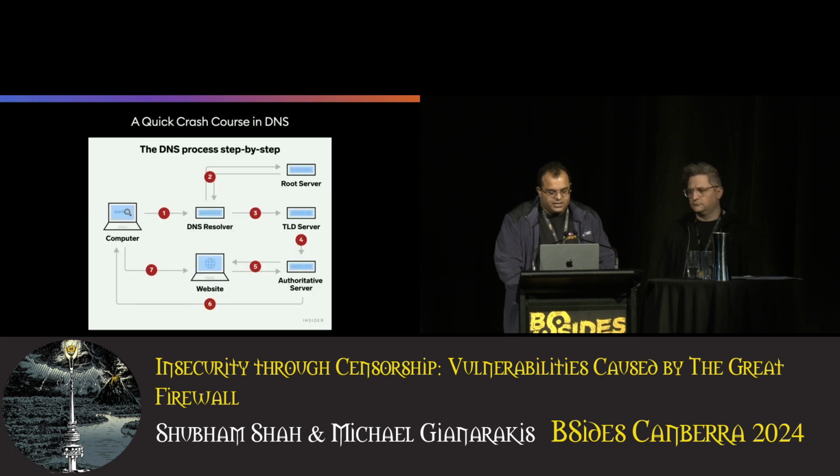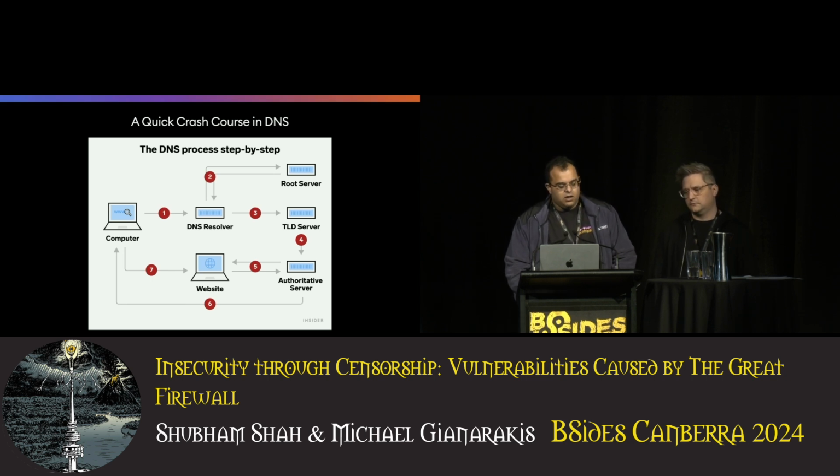So if we take a look at what really happens in the life cycle of a DNS query, you've got your computer, which reaches out to the recursive resolver, the DNS resolver. That then reaches out to the root server, which gives us the address of the TLD server, and the TLD server gives us the address of the authoritative server, and finally, the authoritative server gives us the address of the website, or whatever record type it resolves to.